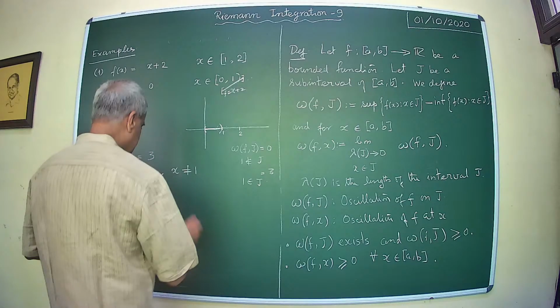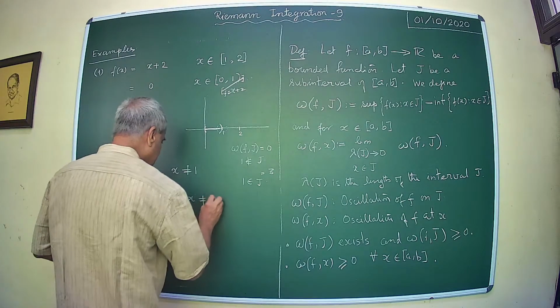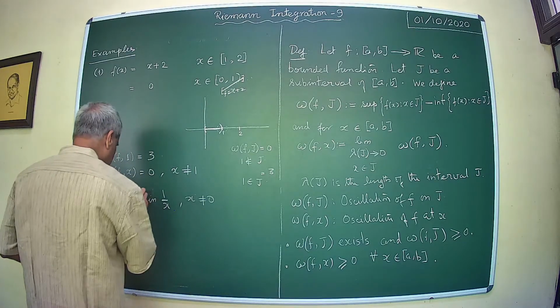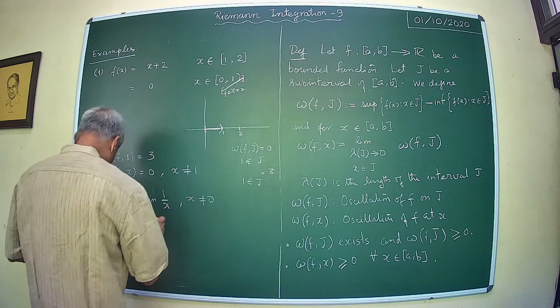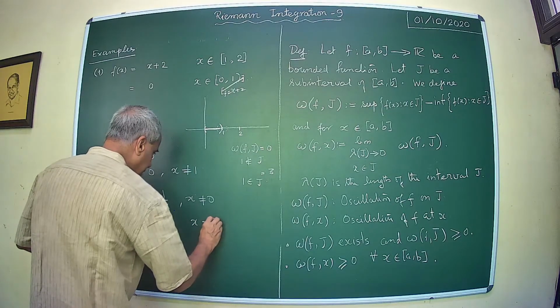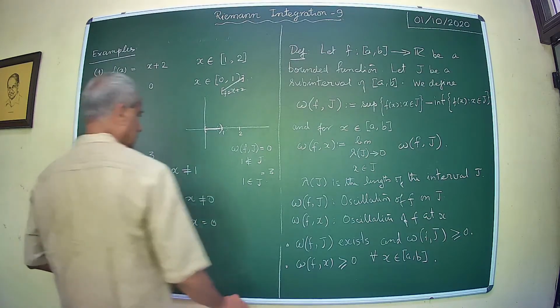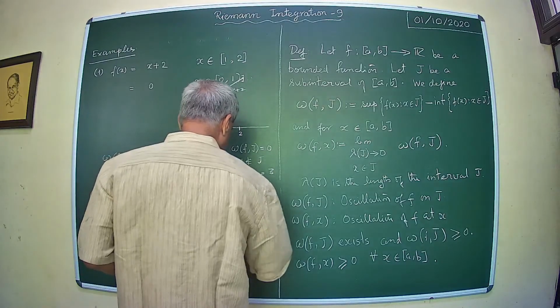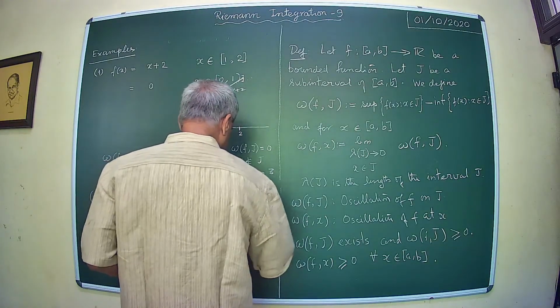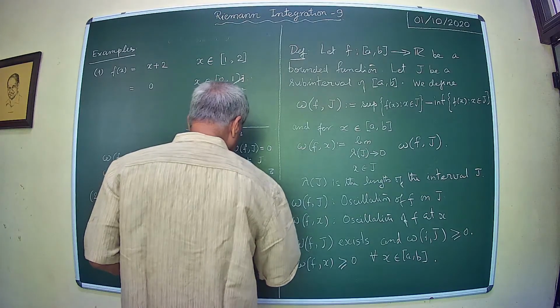Upon x, now x is not equal to 0, and this is equal to 0 at x equal to 0. Now if you try to plot this function, you see that the function is bounded between -1 and +1.